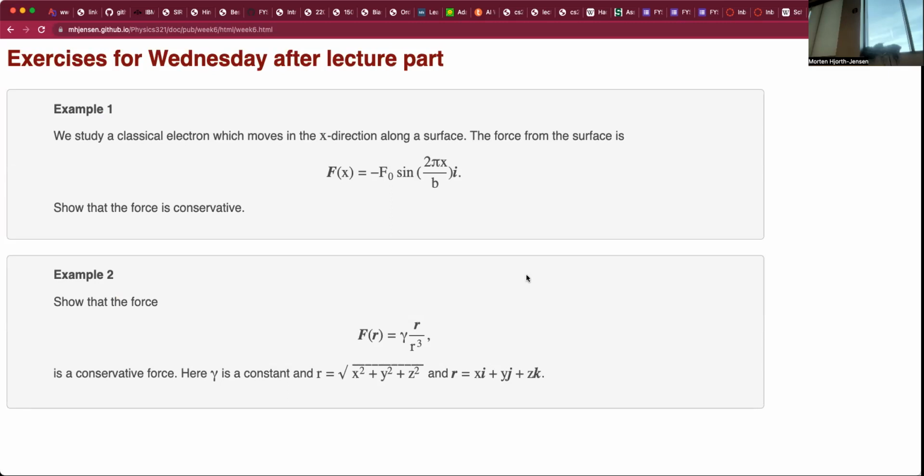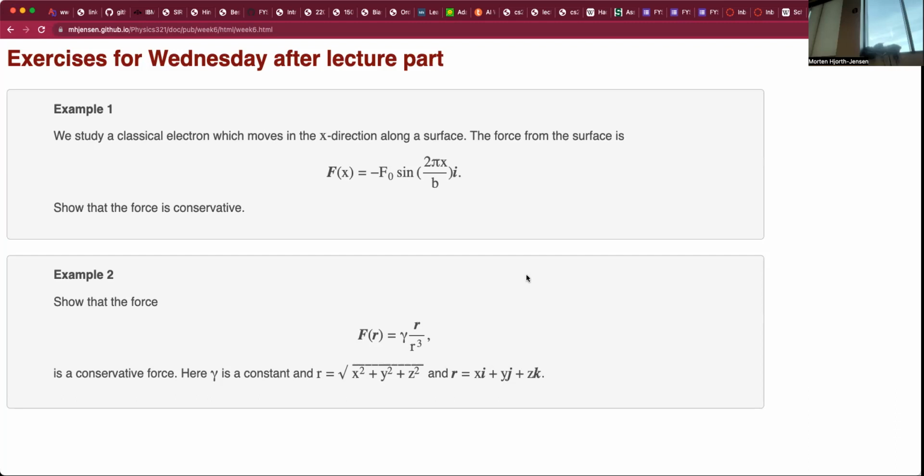The first one, which has essentially just a component in the x direction, there we don't need to do any calculation at all, because the curl is automatically equal to 0 if you're just in one dimension. So remember that the curl is a cross product, right? So that means that the vector which you produce by the cross product stands perpendicular to a plane.